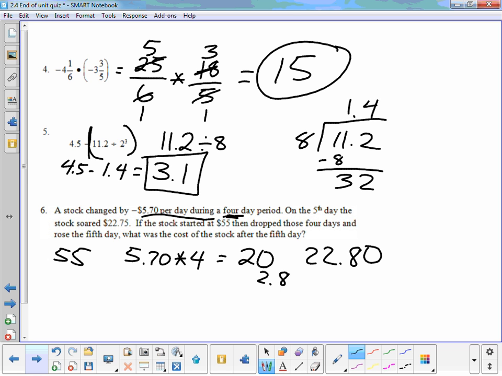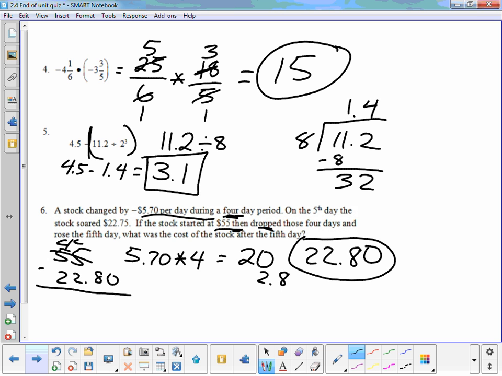I'll never answer. Okay, so if we start at 55 is what it says, and then it dropped those 4 days. This is the total amount it dropped for 4 days. So this is 20, and 4 subtract 2 is 2. We should have $32.20.